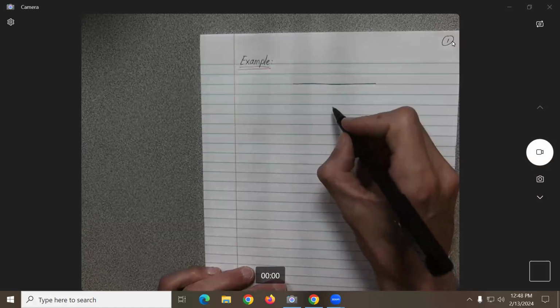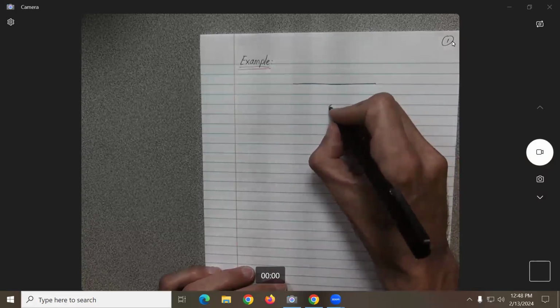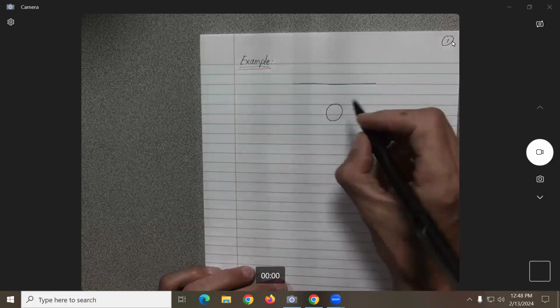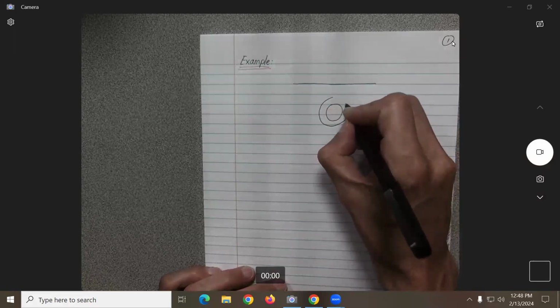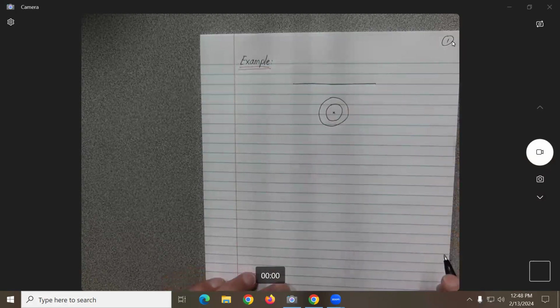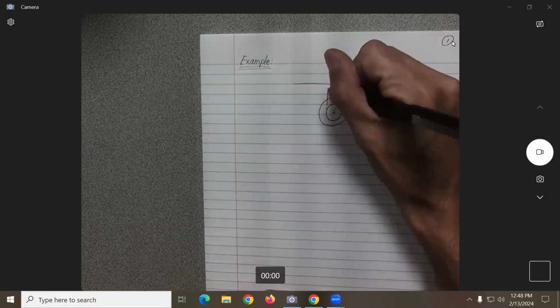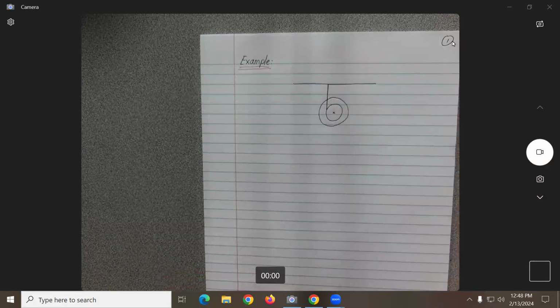So basically, what I have here, this is difficult to draw for me. But let's say we have two concentric circles that represent a pulley. Let's say you have a wire that comes on this side.